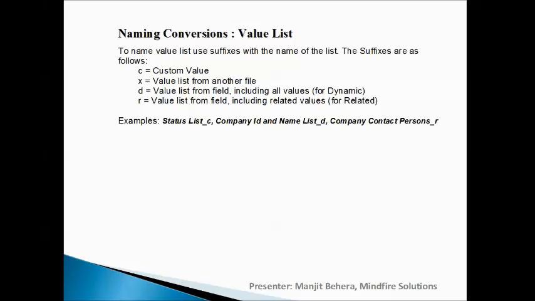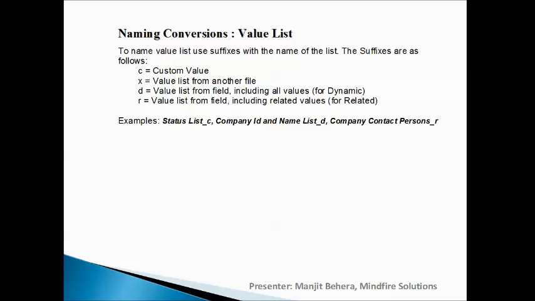related TOZ fields. For example, here status list underscore C means it's a custom value, giving the list of custom values. Company ID and name list underscore D means it's giving the list of IDs and names that comes from a particular table, that is company, you can guess from here.